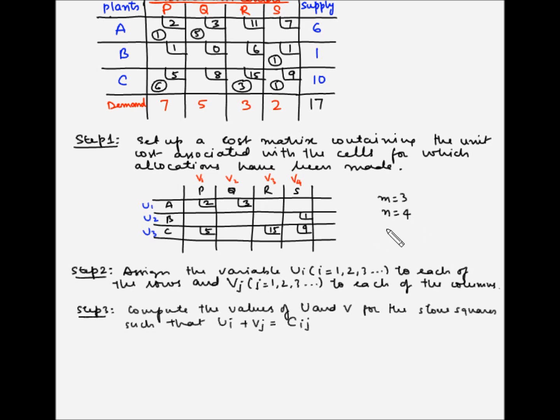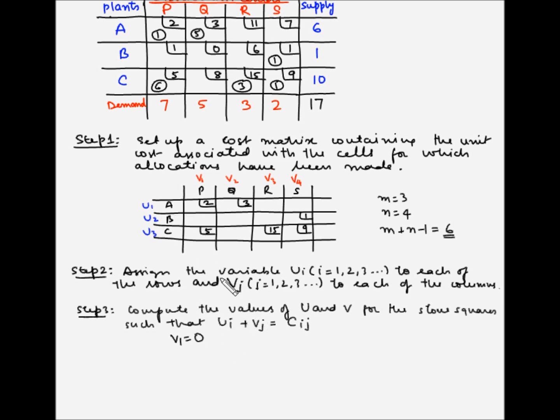Now we know from previous videos that the number of allocations is m plus n minus 1, which is equal to 4 plus 3, 7 minus 1, which is 6. Now since we have taken 7 variables, we have the flexibility to assume one of the variables arbitrarily. So here we can choose the value of v1 as 0 so that we can find out the value of other variables here.